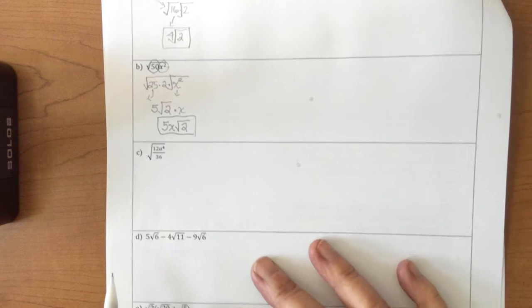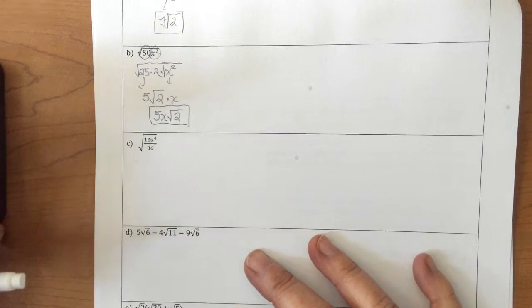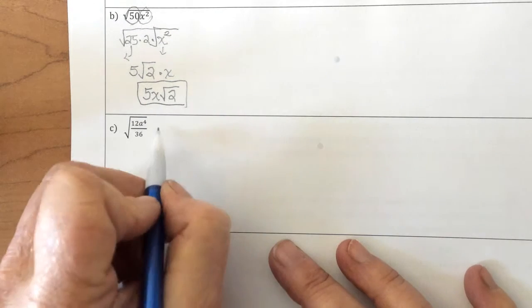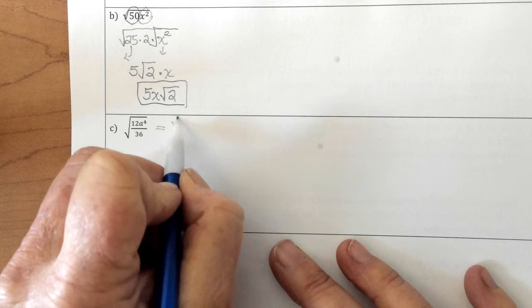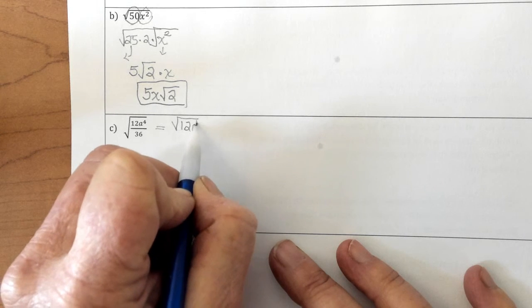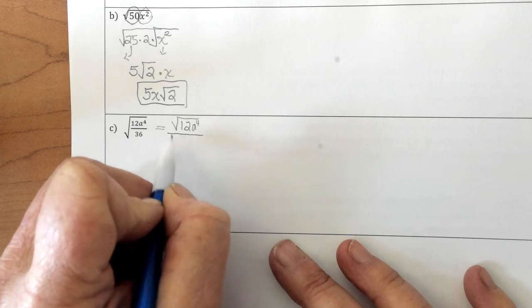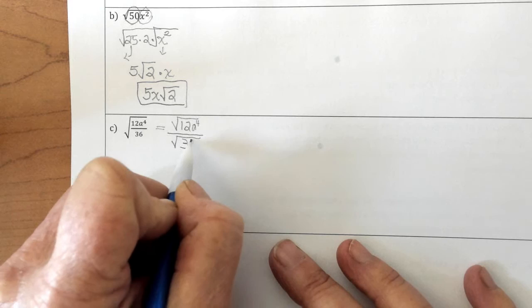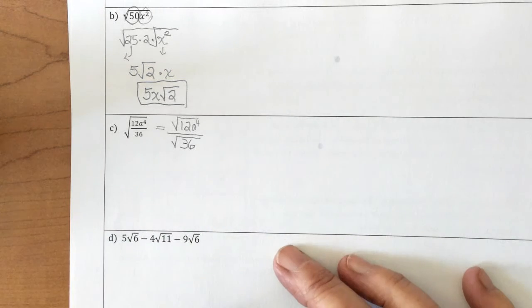Moving on to letter C, you're going to remember that when I have a fraction, I could split these apart into 2 separate radicals. So I'm going to write 12a to the power of 4 under the radical, and I'm also going to put a square root sign and go the square root of 36. I'm going to continue to simplify.